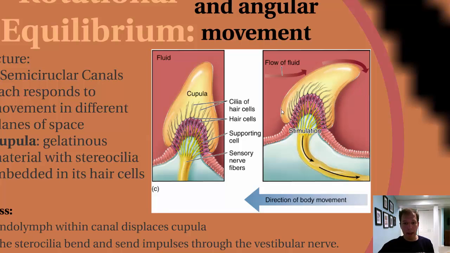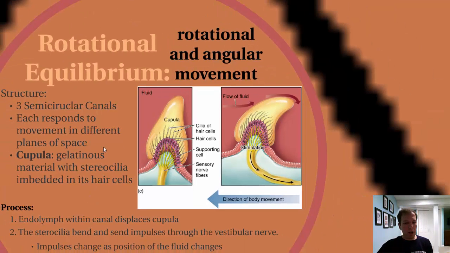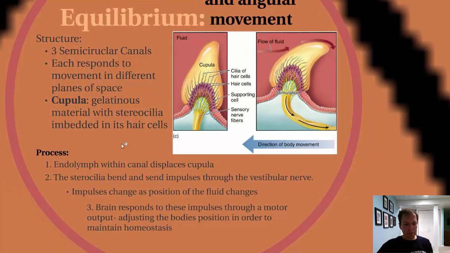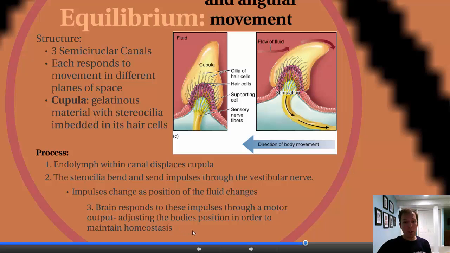And as it bends, those stereocilia are also going to be bent, and that's going to stimulate the nerve in the same way that the cochlea stereocilia were stimulated. So that bending is going to provide information to the brain about how the body is changing position, and so the brain can respond through an appropriate motor output. So you adjust your body position so that you don't fall over.